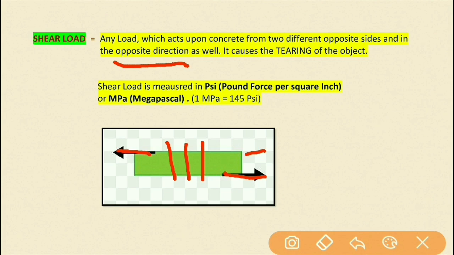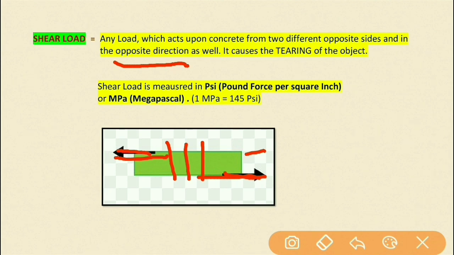Like the object will break from here, this portion wants to move here, and this portion is moving here by the force. So that's why it creates tearing or shear force in the beam. This is known as shear load, and shear load is also measured in psi or MPa.